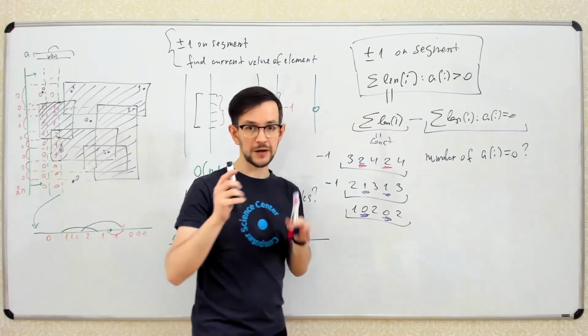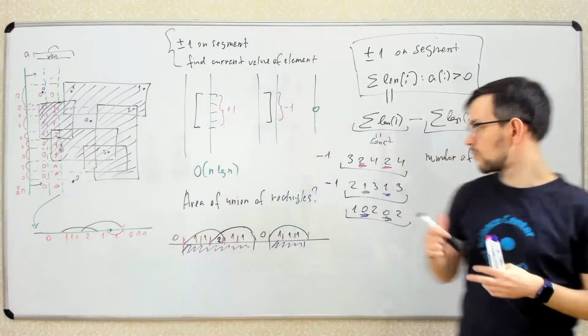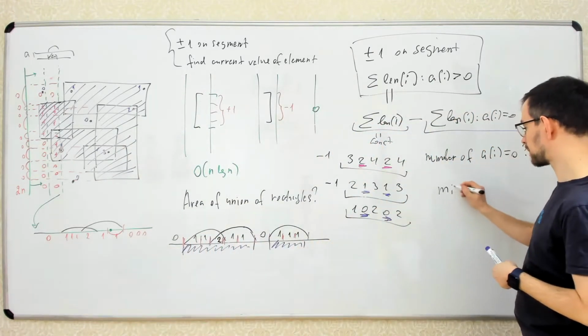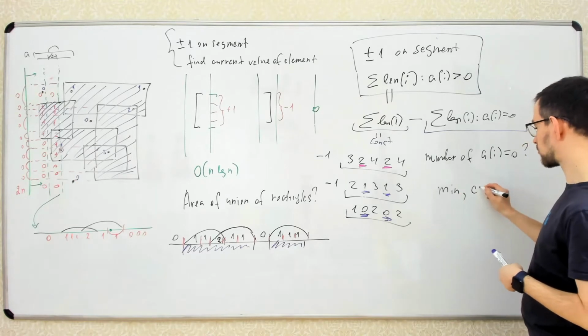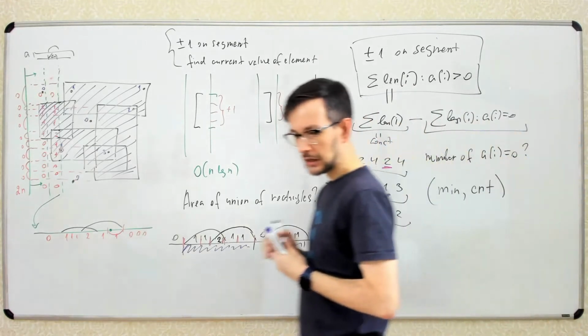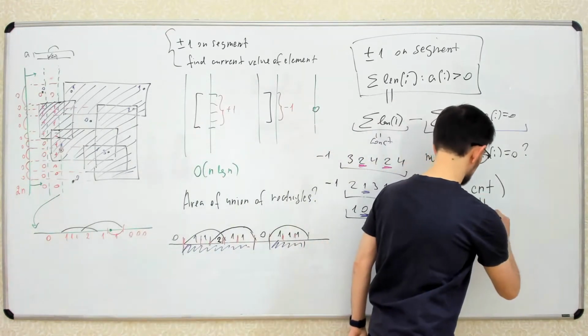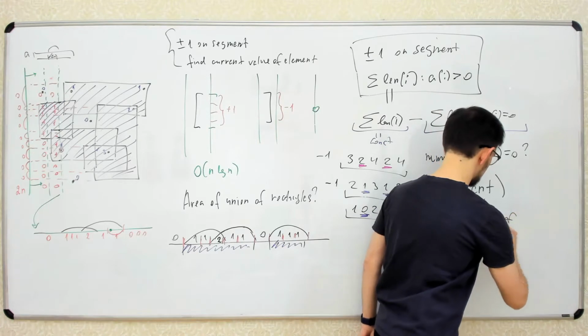So we will maintain, we discussed this in previous lecture, we'll maintain the pair of values. We'll maintain minimum on the segment and the count of minimums, so it's the number of elements equal to minimum.